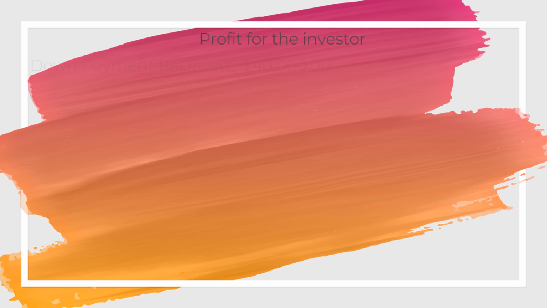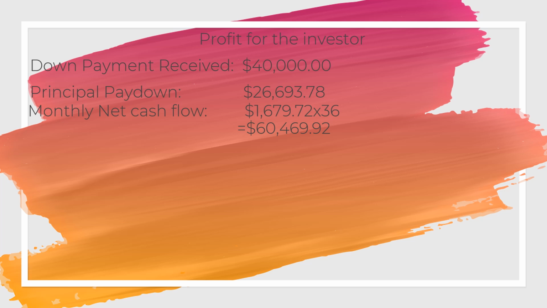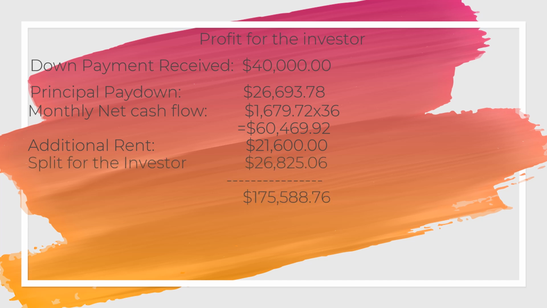The investor received a $40,000 down payment. Principal pay down will be $26,693.78. The monthly cash flow of $1,679.72 times 36 months will give an additional $60,469.92, plus the additional rent of $21,600, and the split for the investor, that's $26,825.